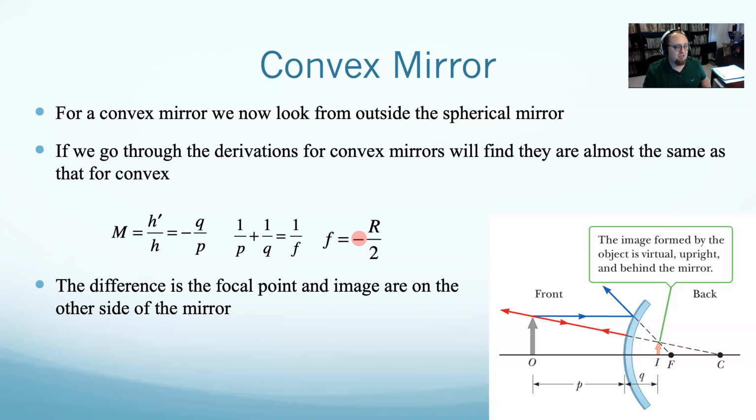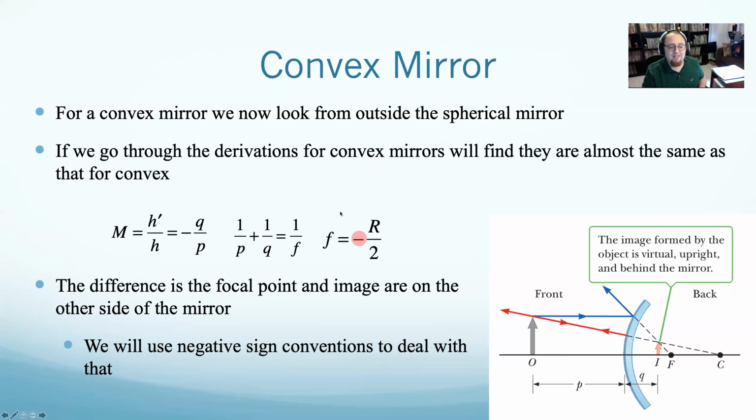For a mirror, we would define things on the same side of the mirror as the object as the positive, and things on the opposite side of the mirror as the object as the negative. And because the focal point is the opposite side of the mirror, it will be negative. And if you derive using the same algebra we just did, you would get that comes out in the equations. Okay?